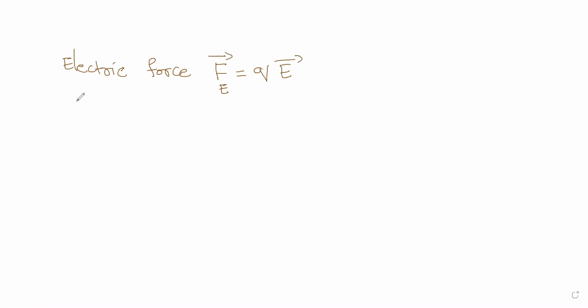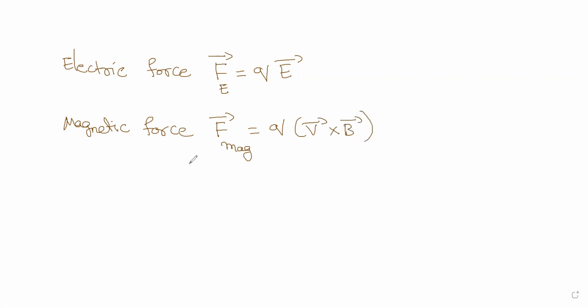Fe bar is the electric force. And the charged particle is subjected to a magnetic field also. Because of the magnetic field, it creates a magnetic force, F magnetic, which is given by Q into V bar cross B bar. This is the magnetic force.